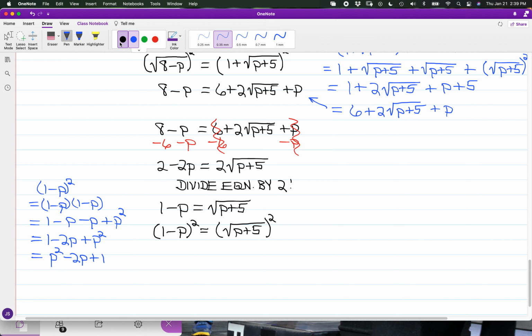Okay, so in the rewrite, we have p squared minus 2p plus 1 is equal to the square of the square root of p plus 5. So this will go to p plus 5. Now we have a quadratic equation that is not yet in standard form, but I can make the adjustments by taking both p and 5 away from both sides.